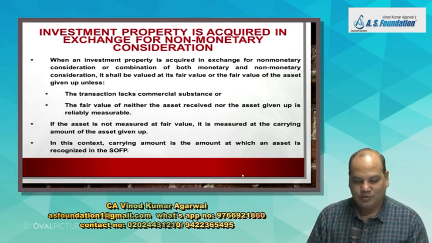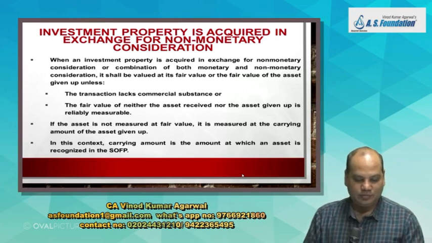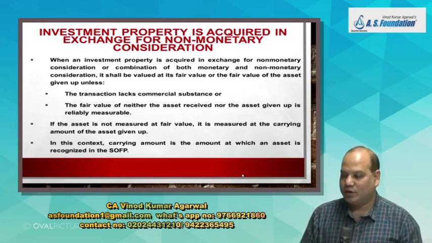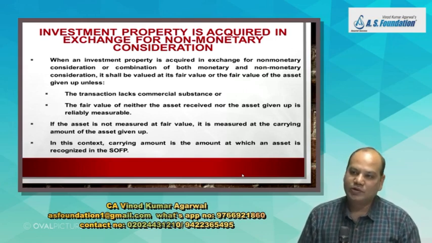Now we'll come to the next special issue. Investment property is acquired in exchange for non-monetary consideration. So exchange of one asset against another asset. Same principle of IAS 16 will apply.